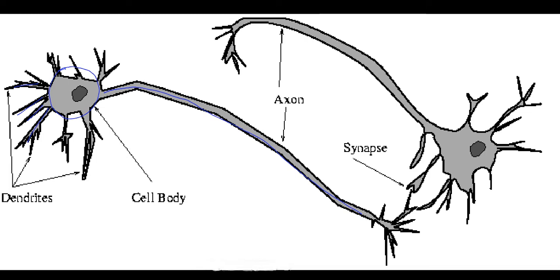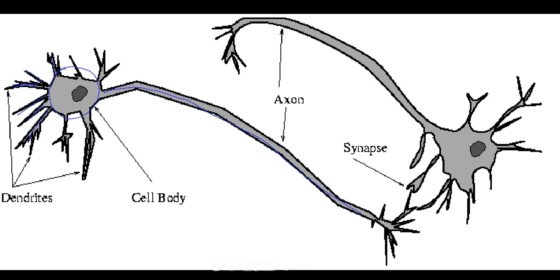So this neuron receives input through these dendrites. The input comes to the neuron through these dendrites, right? The sources of input may be other neurons, that means this neuron receives input from other neurons, or it may receive input from the sensory receptors or sensory organs like ear, nose, tongue, skin or eyes, right?